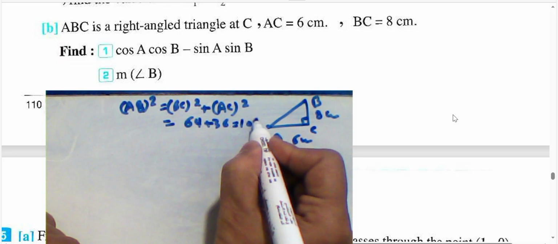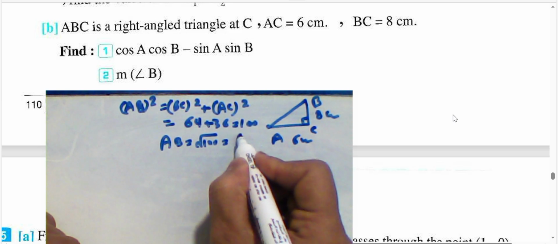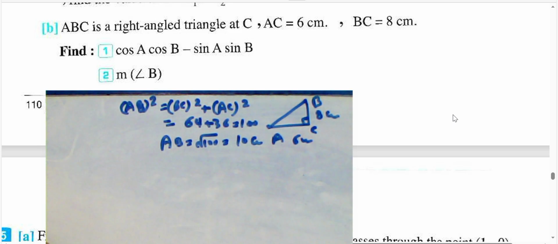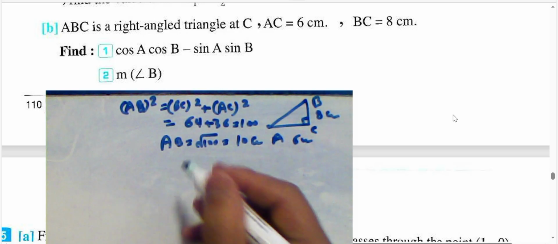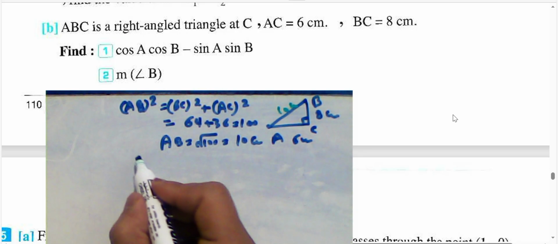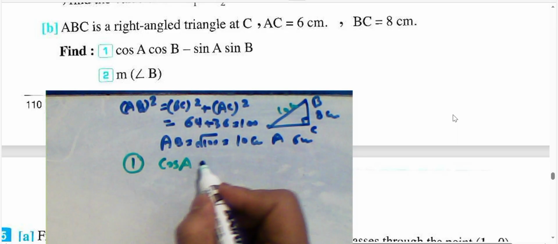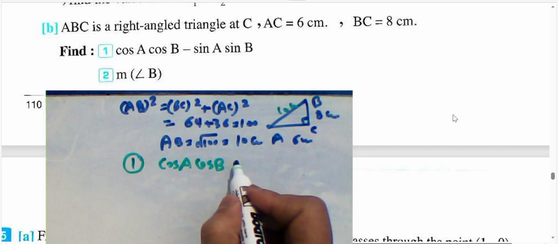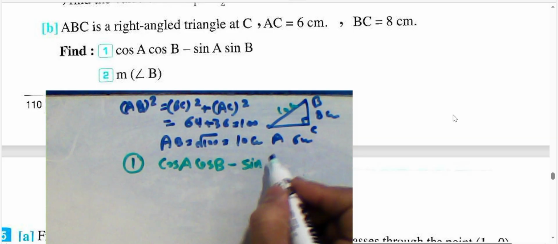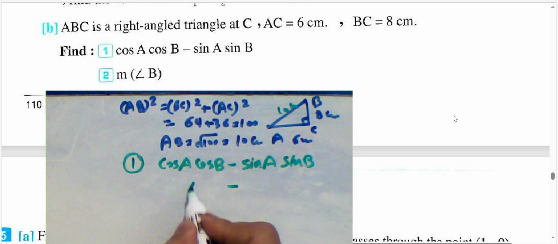We can add them together, 100. Then AB equals square root of 100, it will be 10 centimeters from the Pythagoras theorem, because the measure of angle C equals 90 degrees. Next step, we can prove it now. I'll find the value of the expression cosine A product by cosine B, subtract sine A product by sine B.